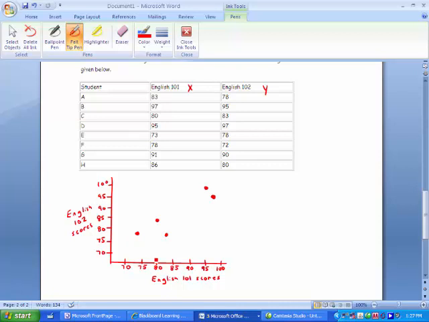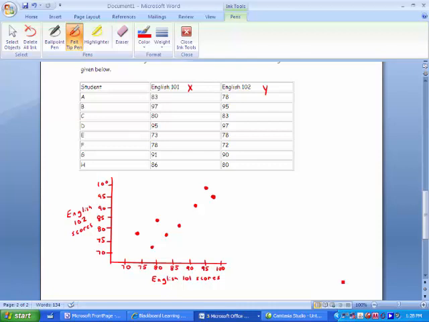Student F made a 78 in 101 and a 72. Student G made a 91 in 101 and a 90 in 102. And student H made an 86 in 101 and an 80 in 102.